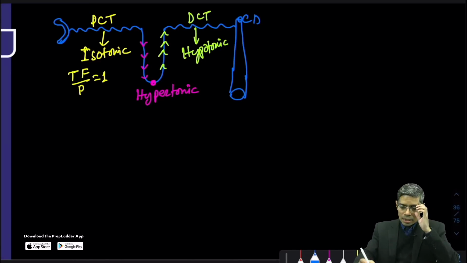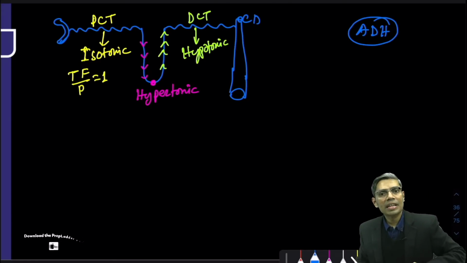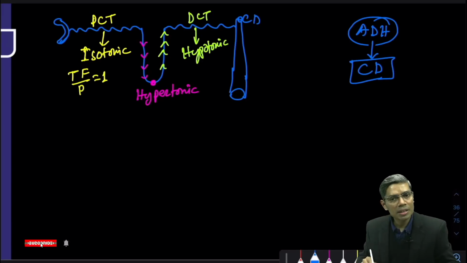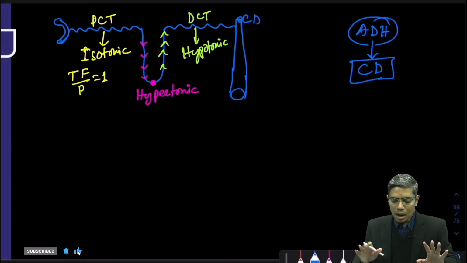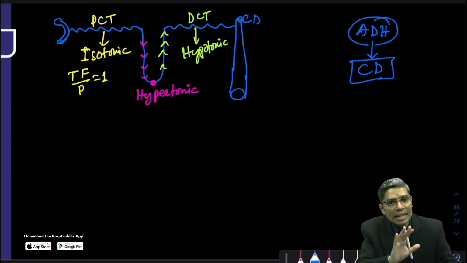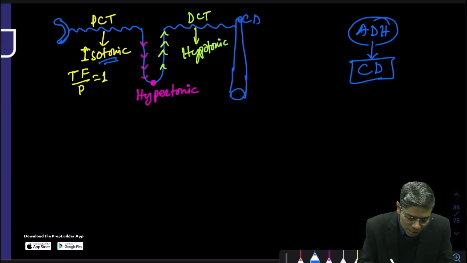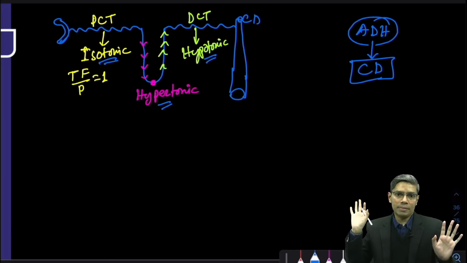Because of the actions of ADH, where the ADH reabsorbs water at the level of collecting duct mainly, although the later part of the DCT is also there, but mainly collecting duct. So, up to the level of DCT, ADH has no direct action, means this isotonic, hypertonic, hypotonic will happen whether the ADH is there or not.